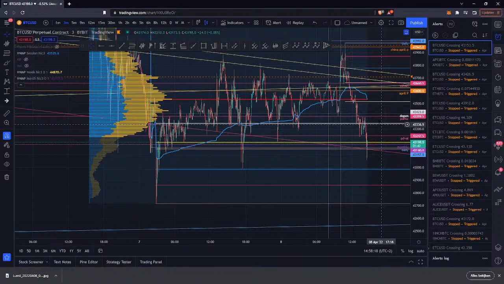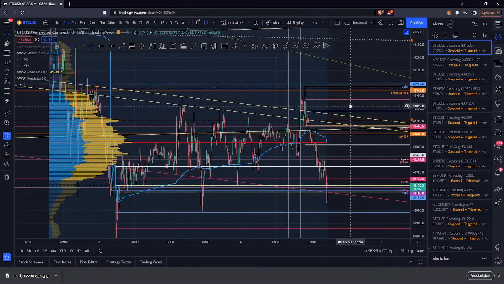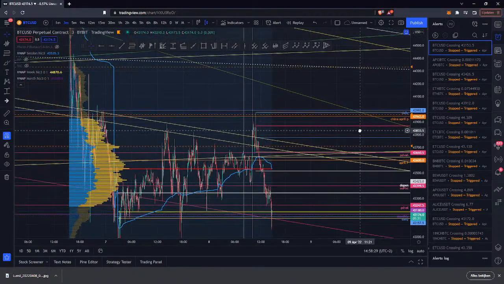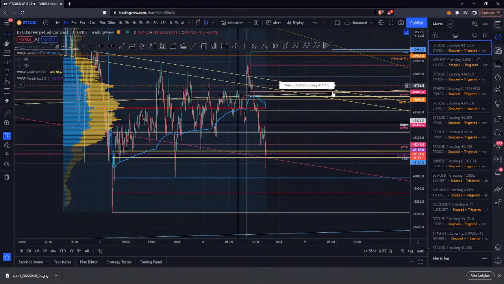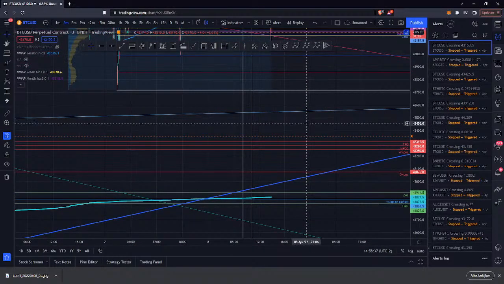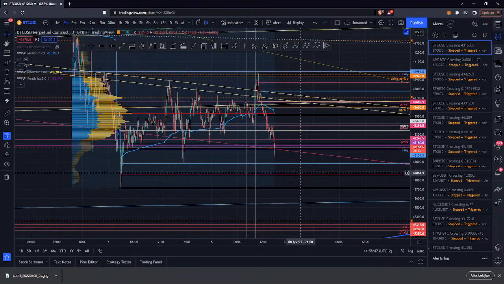So I still expect that we're gonna keep in this range, and then if we're losing this, it's pretty clear that we're gonna drop to 42. Sorry. 2-3% drop.